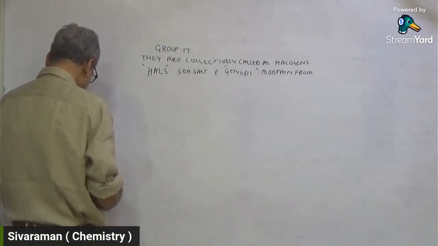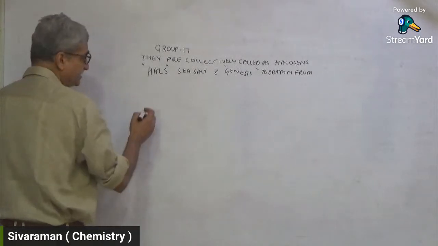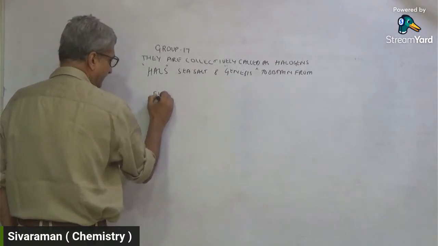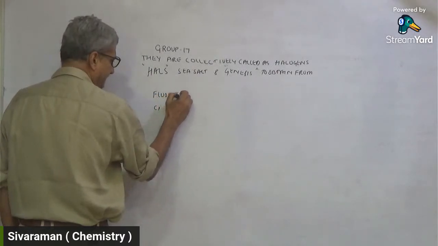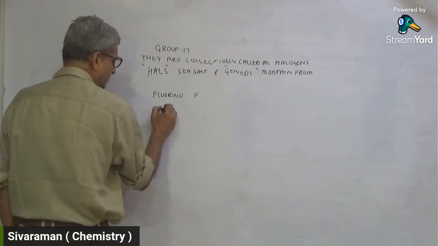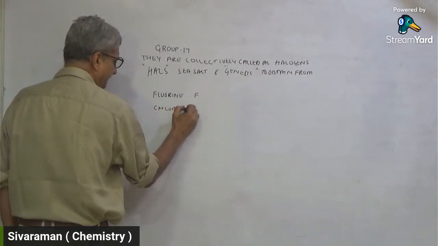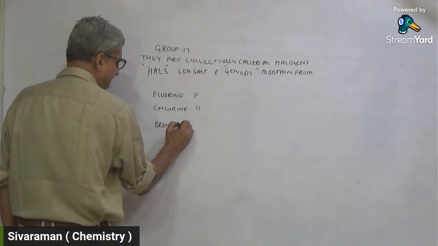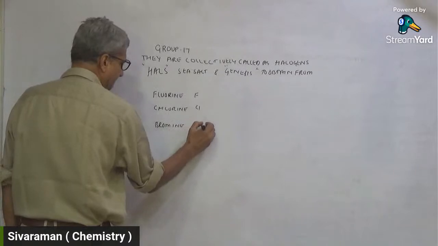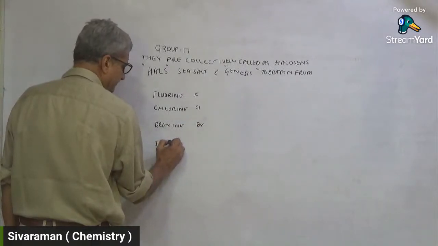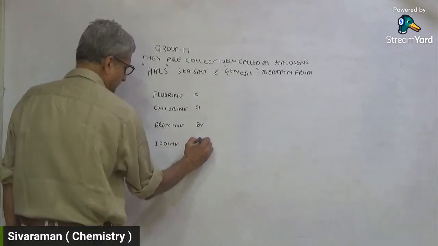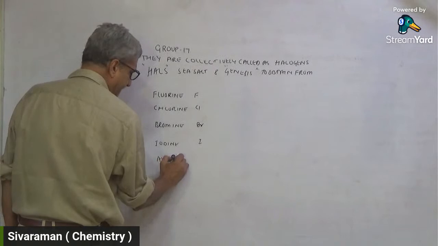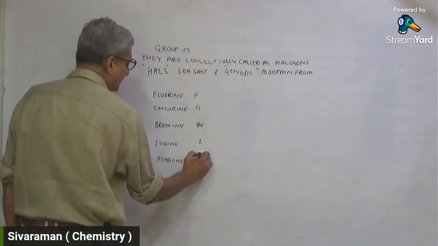Now, what are the elements that we have? We have fluorine, chlorine, bromine, iodine, and astatine.